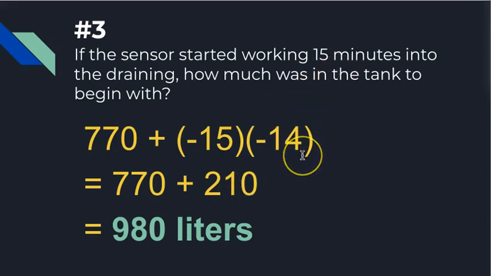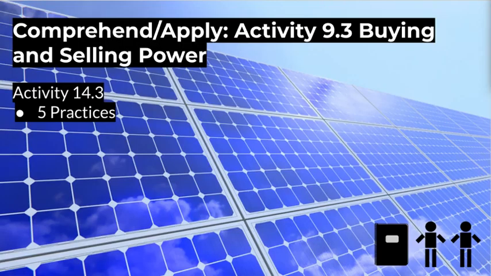Because going with 14 liters per minute times 15 minutes gives us 210. And again, these are both negative because it's draining out 14 liters per minute, and this is 15 minutes before that zero time. Let's talk about electricity.